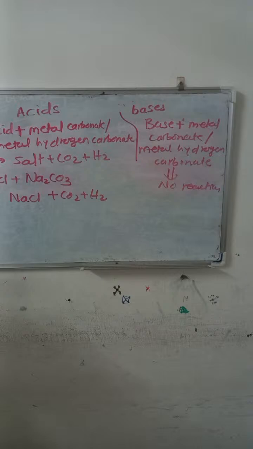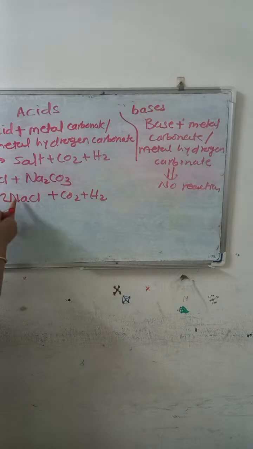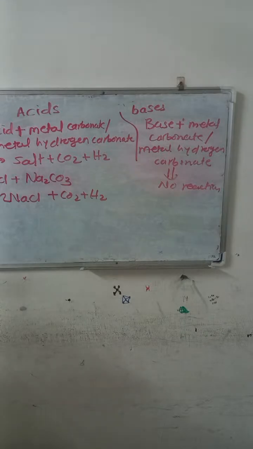Once you balance this, you will get 2 NaCl, because 2 Na. Now Cl also becomes 2, so here Cl you have to balance, and you can make it 2HCl. So when hydrochloric acid acts with sodium carbonate, it gives 2NaCl plus CO2 plus H2O.